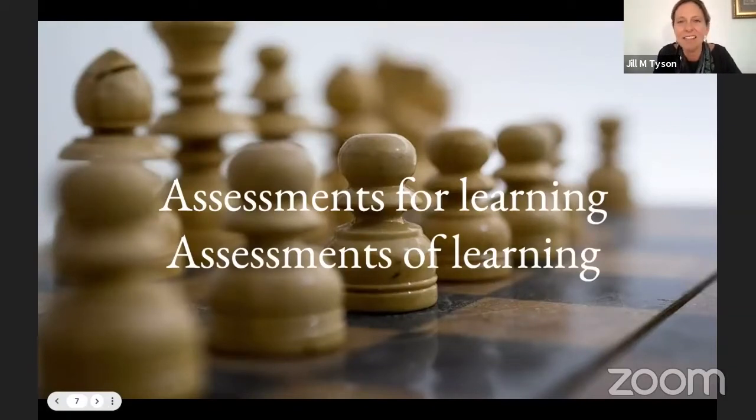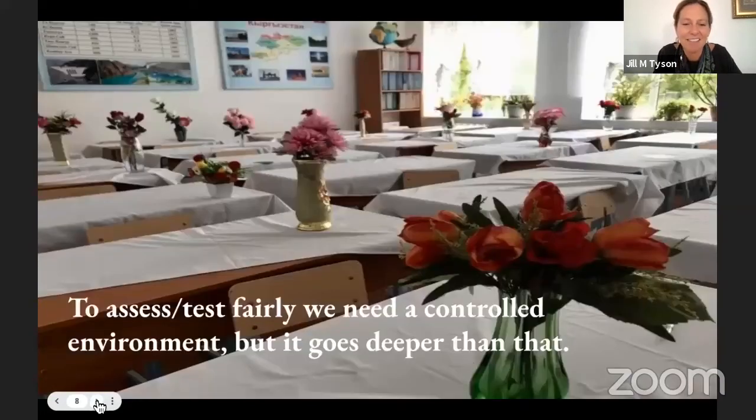We know that we need to go back. And our assessments of learning are our summative exams. So again, when we test fairly, for IELTS and for TOEFL, we create a controlled environment, right? We try to make the tables look beautiful with flowers maybe. We do what we can to have a calm environment, but we need to really think that our assessments need to go a little bit deeper.